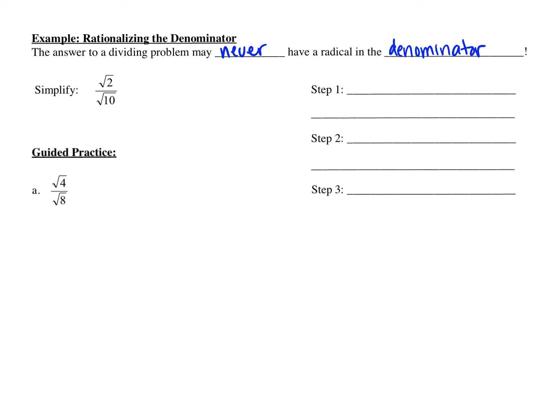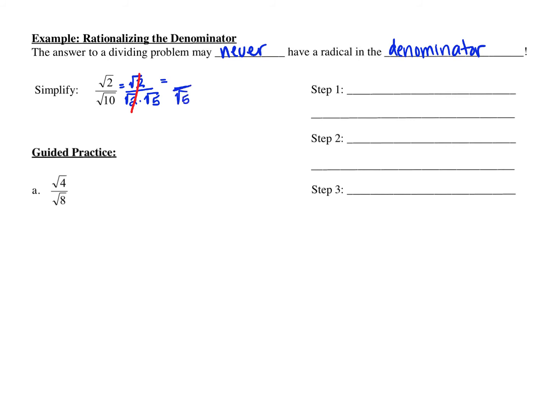So we have root 2 over root 10. I can simplify that 10 into root 2 times root 5. This helps me out because it allows me to cross out the root 2's. But what I'm left with is a root 5 on bottom.